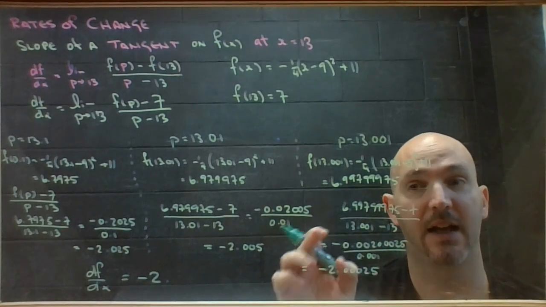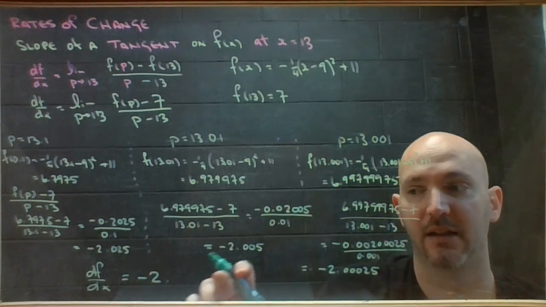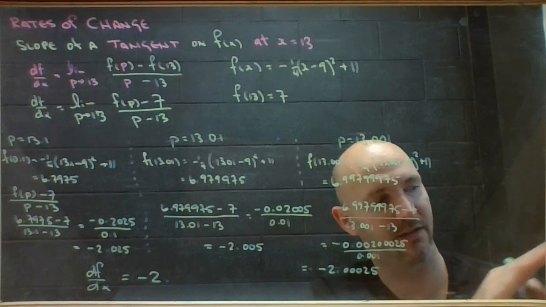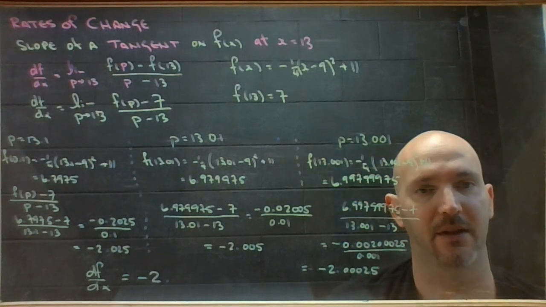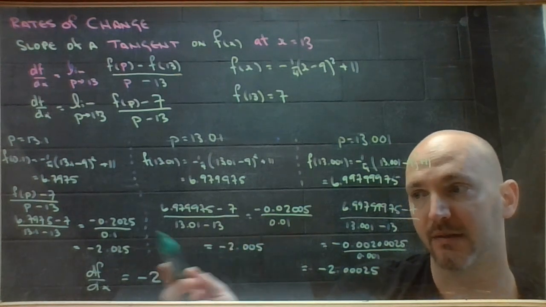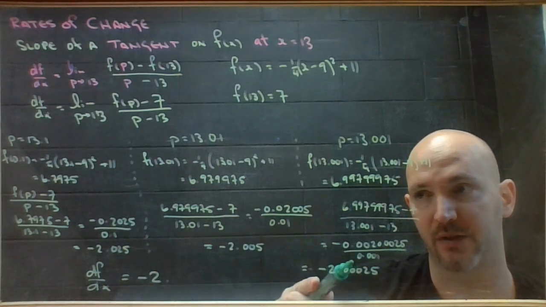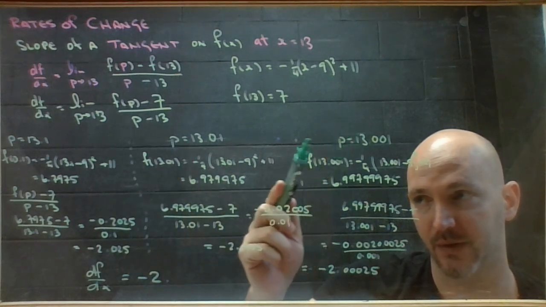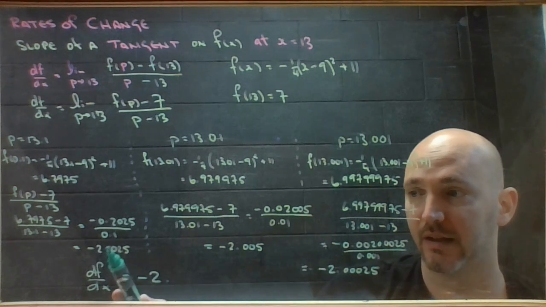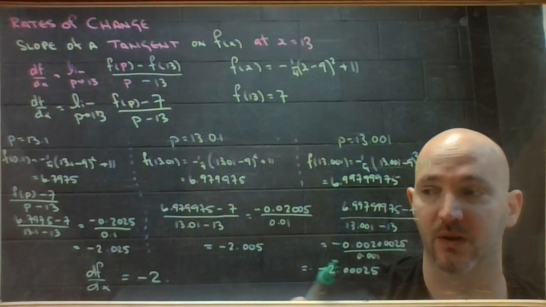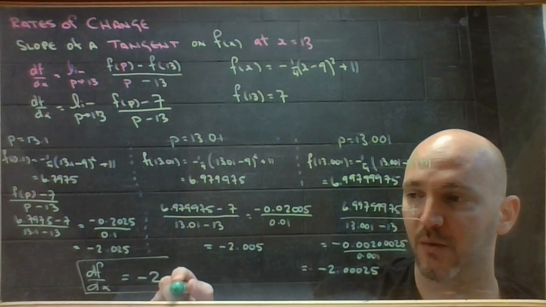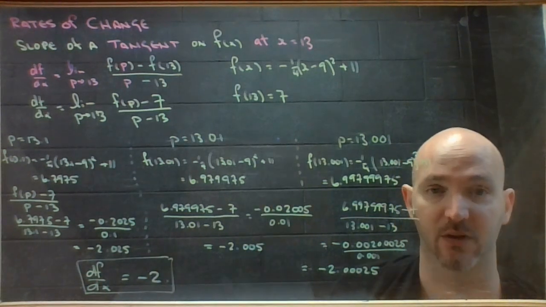And if I'm allowed to add as many zeros in here as I like, I put as many zeros down here as I like, which means that all this stuff here is basically worth nothing. So there's my answer. The trend in these calculations, as I get closer and closer to 13, right? That and that and that are descending on 13. This and this and this get closer and closer to -2. So that is the slope of my tangent at that particular place.